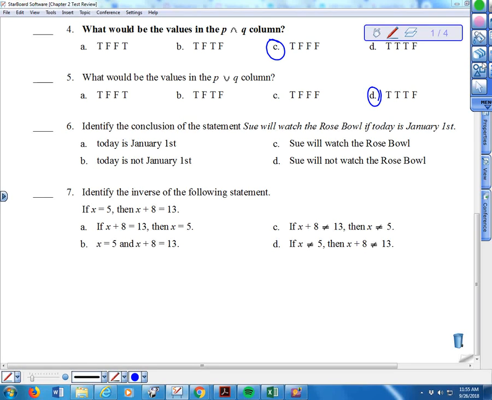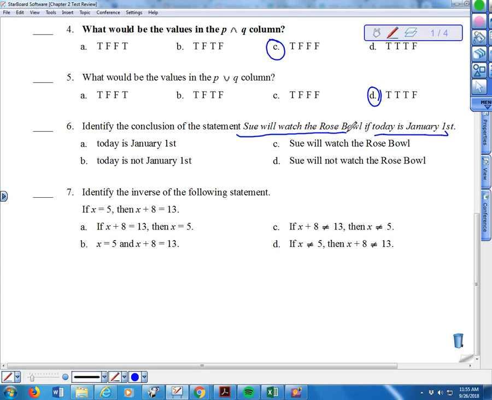The hypothesis always follows the word if. It doesn't have to be in an order where the hypothesis is first. It always follows the word if. So P, or the hypothesis, is today is January 1st because it follows the word if. The conclusion, if today is January 1st, then Sue will watch the Rose Bowl. Sue will watch the Rose Bowl is the conclusion here.